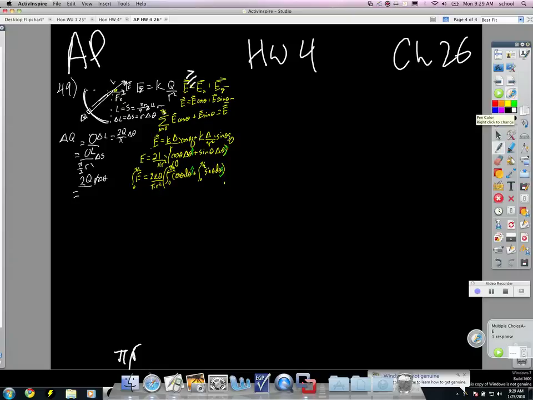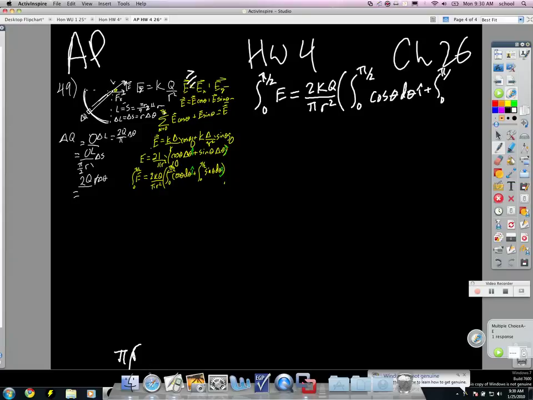Okay, so now we say this is equal to a, because I don't want to rewrite that, it's annoying. And the integral of this was sine theta, so we have sine theta from 0 to pi over 2 plus, and then here we're saying kind of like negative cosine theta from 0 to pi over 2.